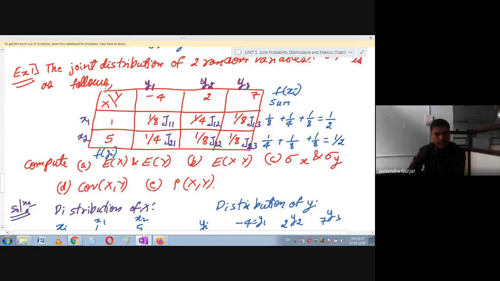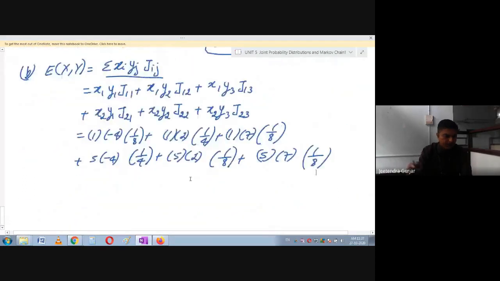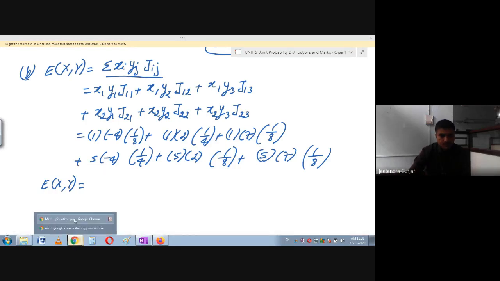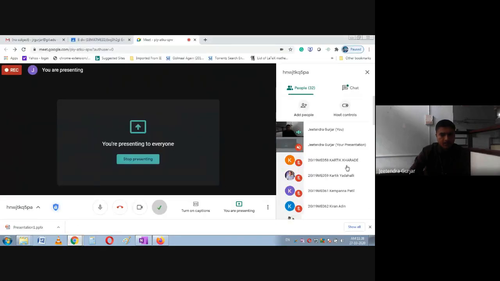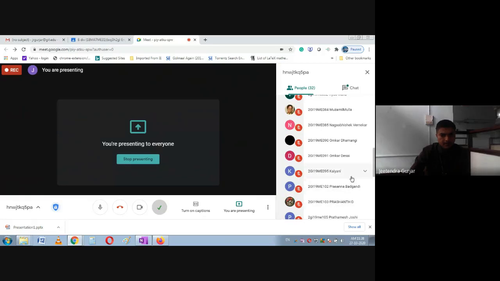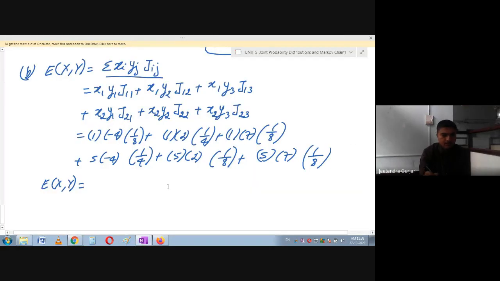From this matrix, I have taken all the values and simplified here. Yes, please tell me what the answer is.